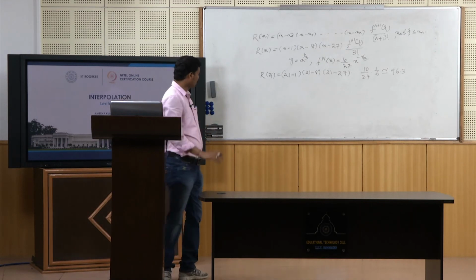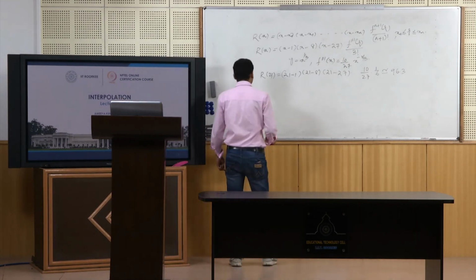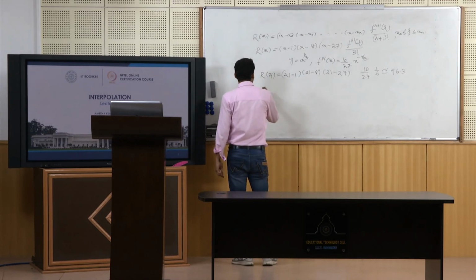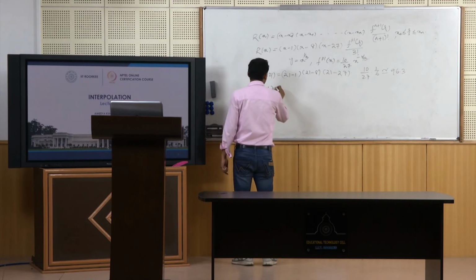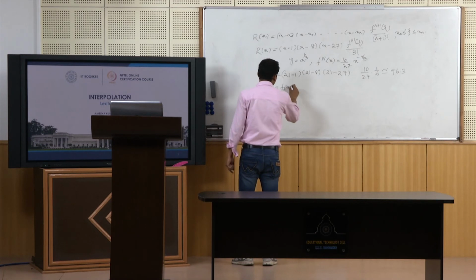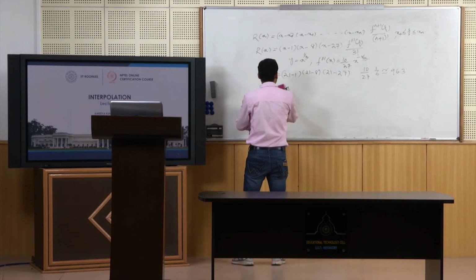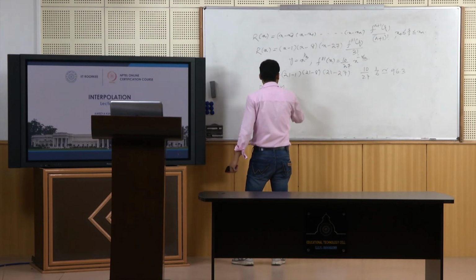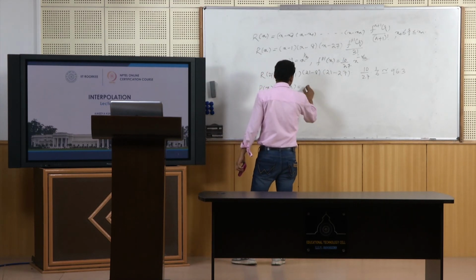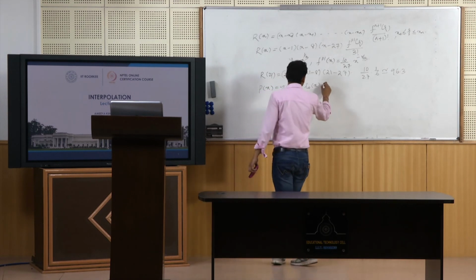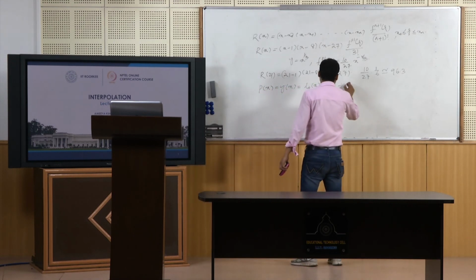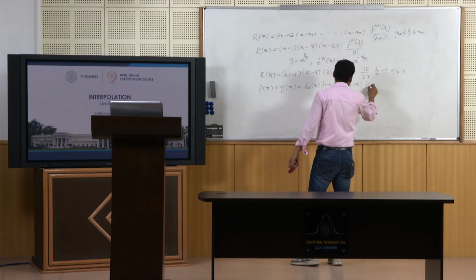This means that whenever we have an extra point here, usually we write p of x as f of x, or we write this as y of x here, represented in the form of L0(x) f of x0, L1(x) f of x1.